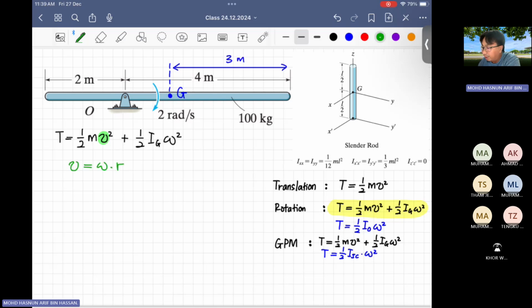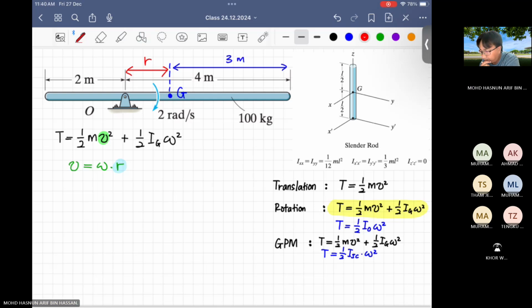Now you need to determine what is the value of R. What is R here? R is the distance from where to where? R is the distance from the center of gravity G to the center of rotation. So what is the value of R here? 2?